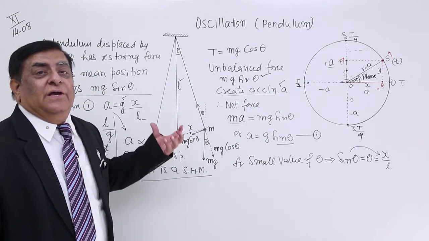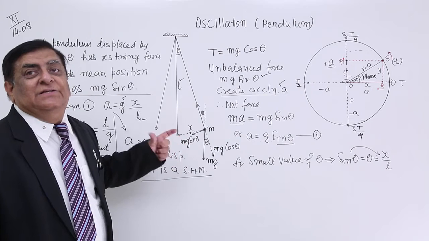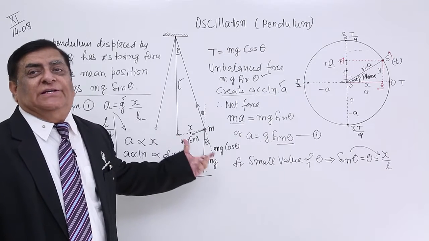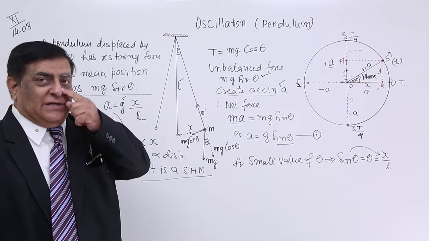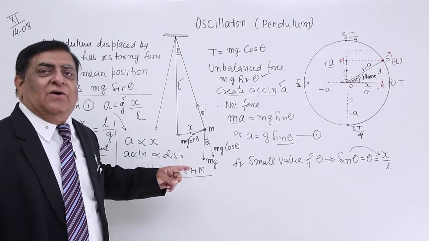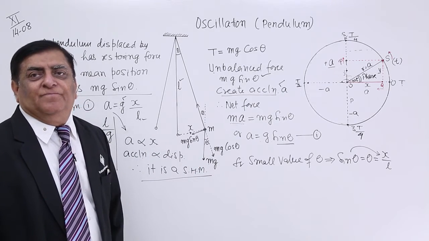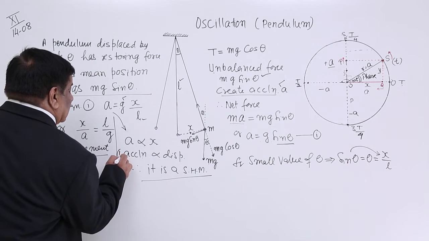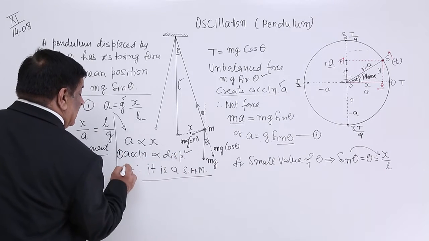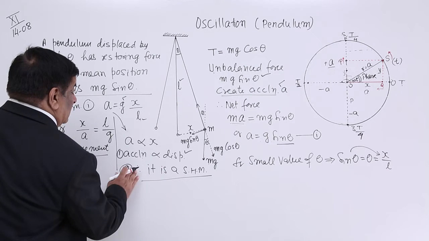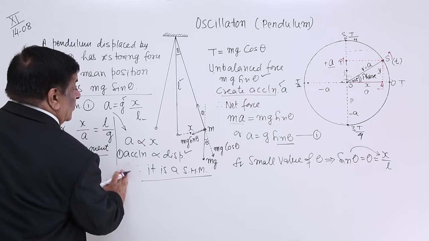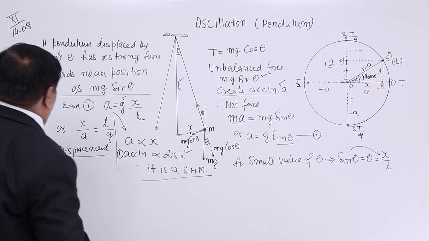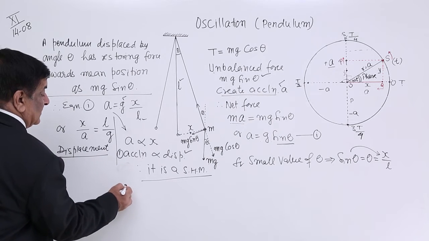Now, if it is happening here, then which type of motion is it? Which type of oscillation is it? Answer: this is now simple harmonic oscillation, because these are the two properties. One is acceleration proportional to displacement, and second it is in the opposite direction.